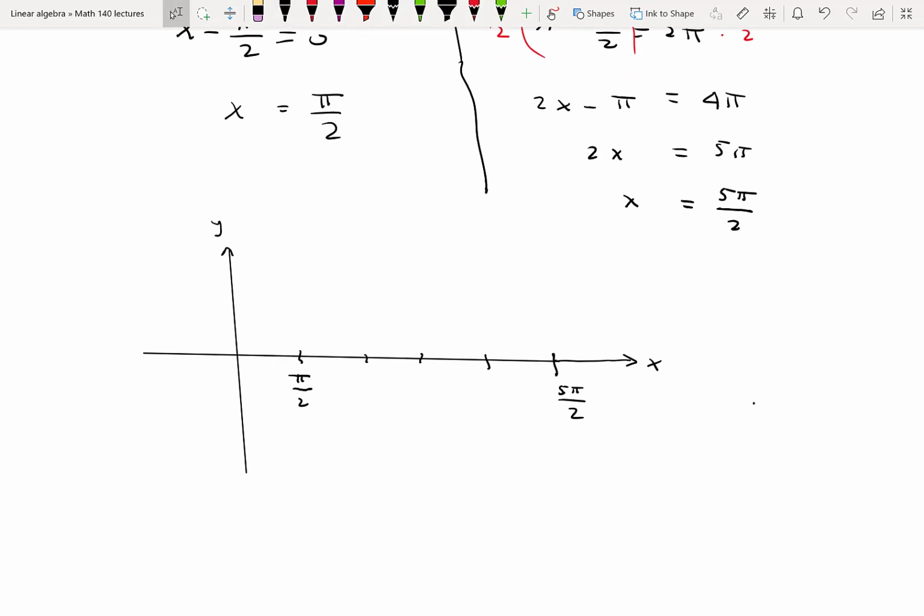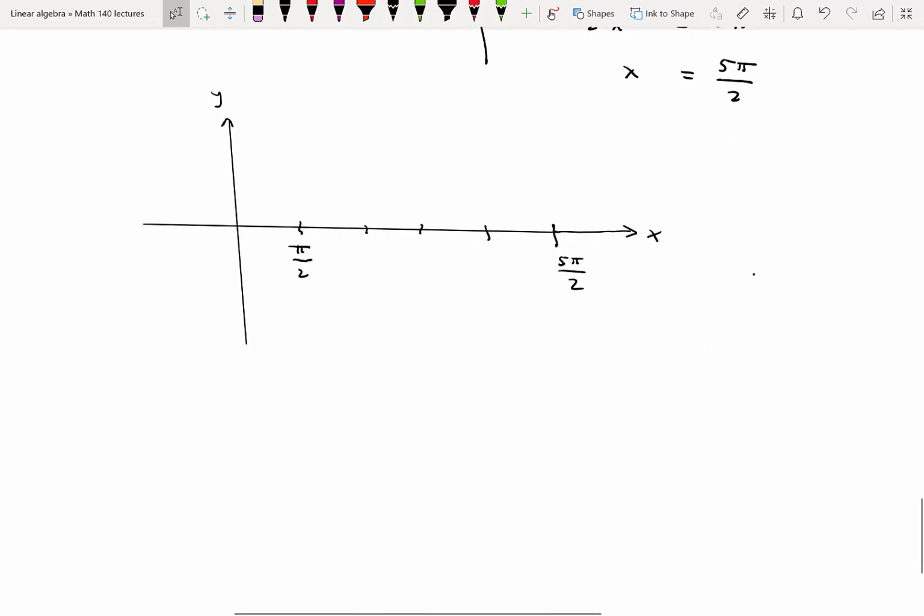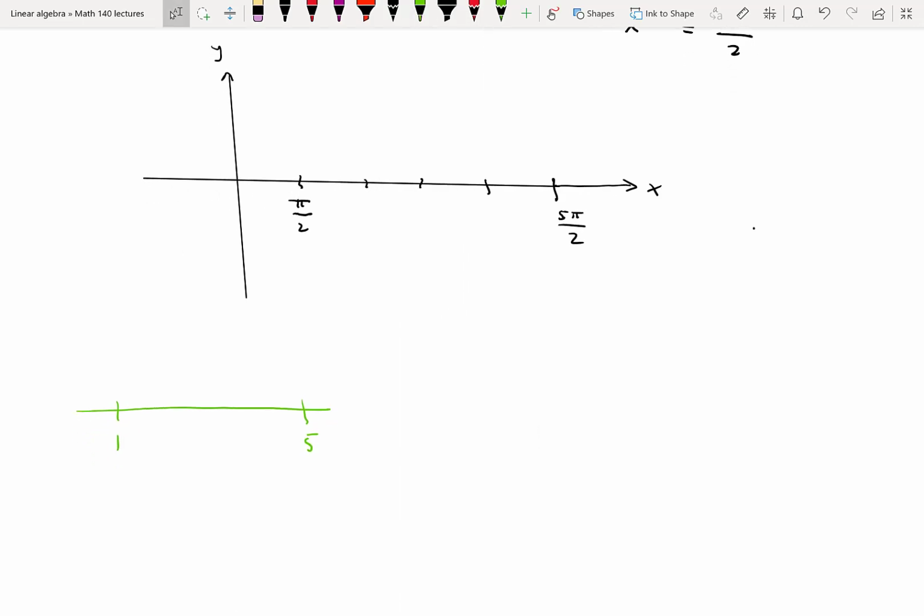Okay. Now, this is the tricky part for some students, and it's really not that difficult. I'm going to show you a little example in green of a simpler one. Suppose I start at 1 and I end at 5. So I want 3 points in between.